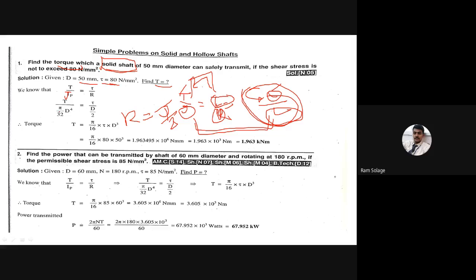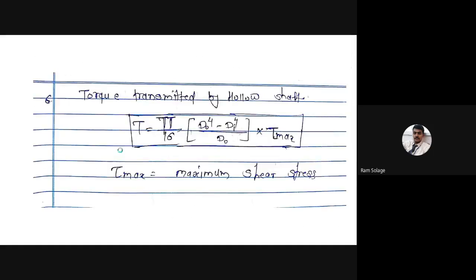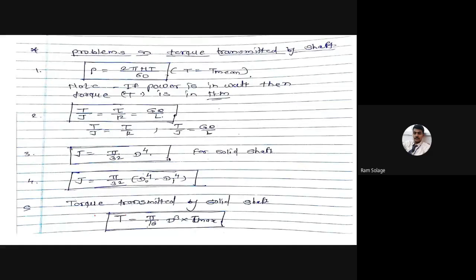So T upon J, that is pi by 32 into d raised to 4, is equal to tau upon R. Instead of R, you have to put the value d by 2. After the simplification, we get T equal to pi by 16 into tau into d cubed. The same formula is already mentioned. Check the formula for power transmitted or torque transmitted by the shaft. See this formula, I have already given it.